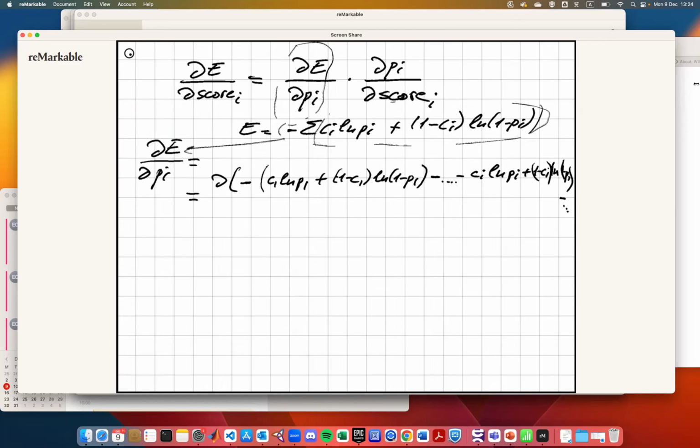For all indices which are not i, the derivatives are 0. Therefore, the partial derivative by pi is basically: you take only the i term, ci ln pi minus 1 minus ci ln 1 minus pi.